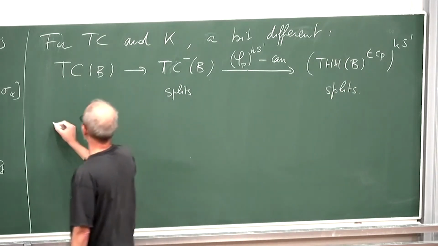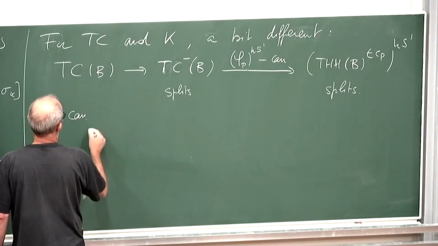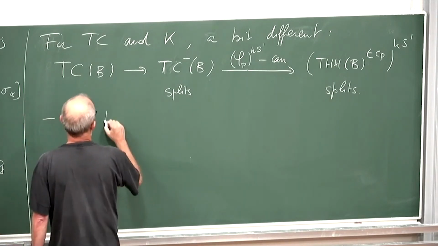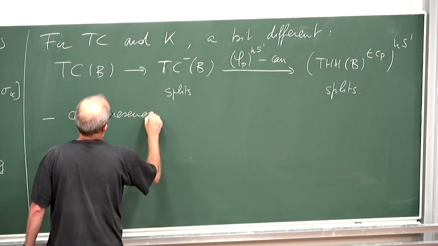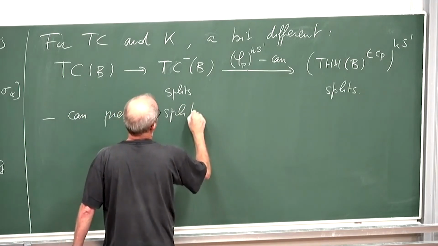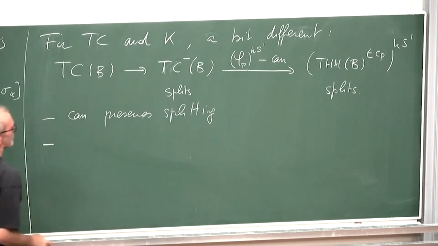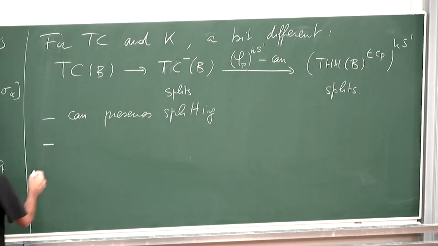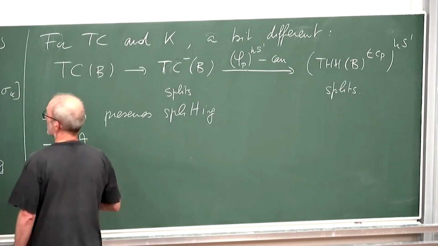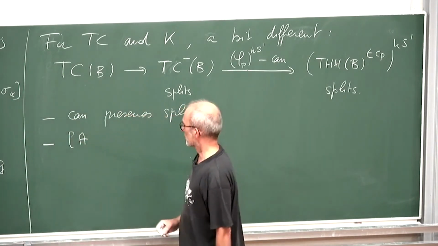And we have that the cyclotomic Frobenius preserves the splitting, but not phi p. That's also proven by Thomas Nikolaus and his coauthor.